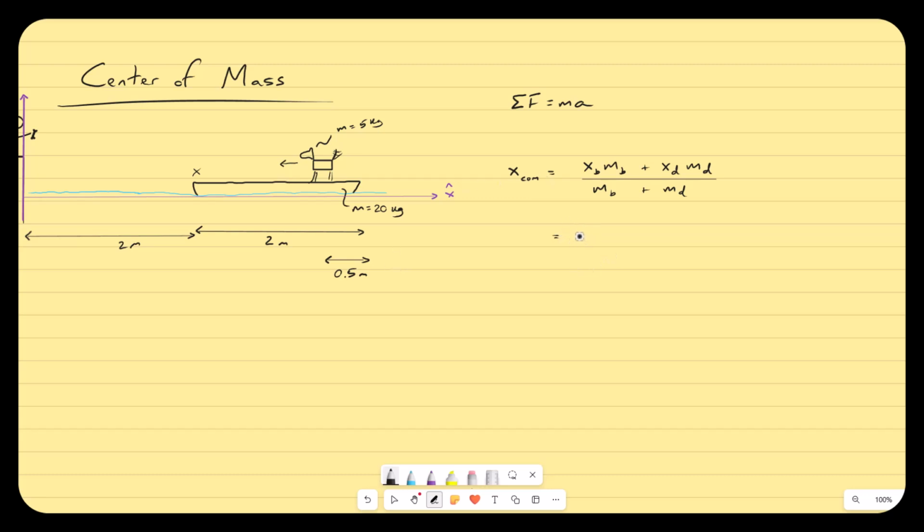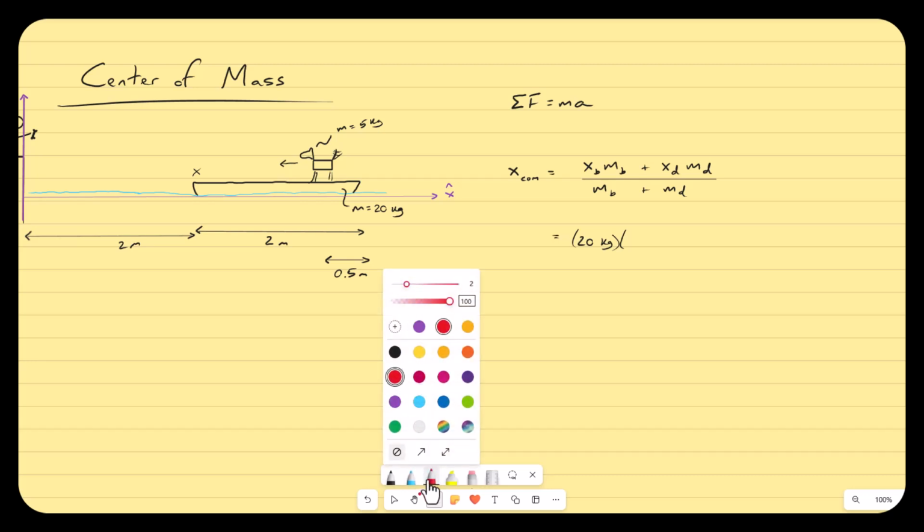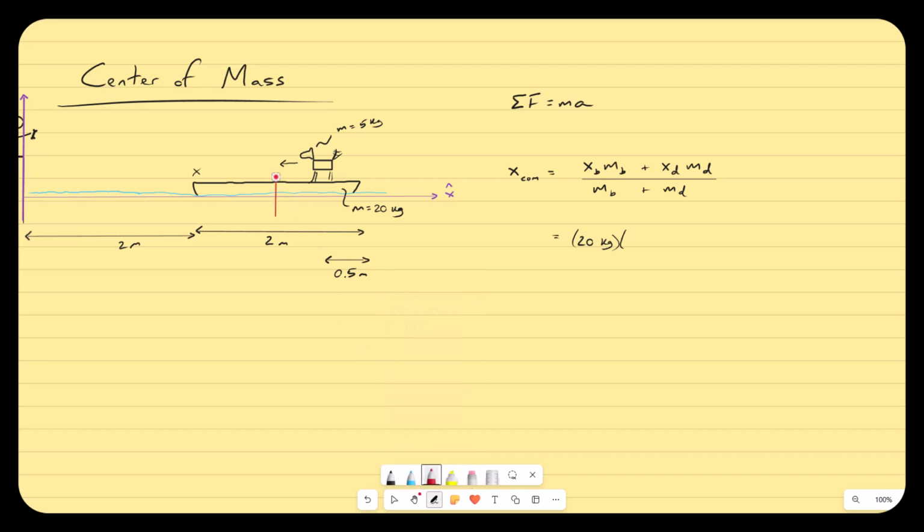So mass of the boat, I'm going to get 20 kilograms times its position. The center of mass of the boat is a uniform shape, so its center of mass is right here at its own midpoint. So that is 3 meters, right? 2 meters to the edge of the boat, another meter to the center. 3 meters.